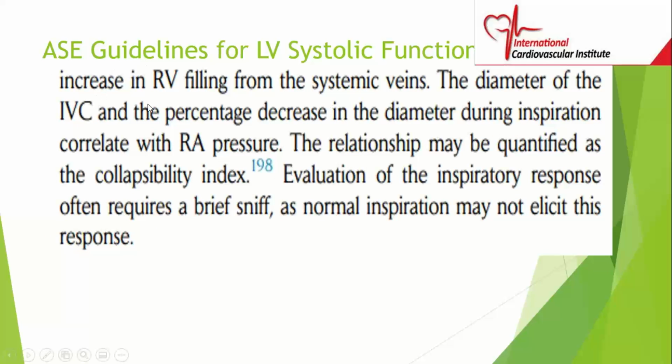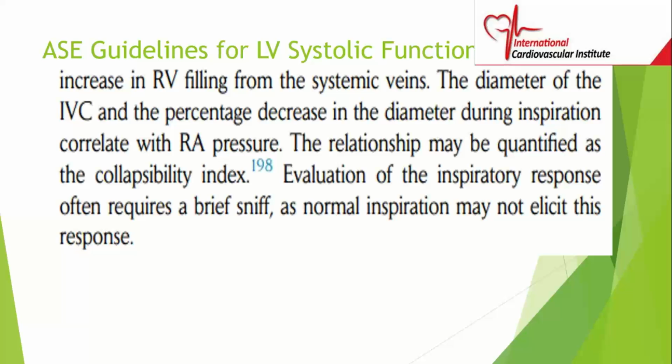The diameter of the IVC and the percentage decrease in the diameter during inspiration, that correlates with the right atrial pressure. So the size of the IVC and how much it collapses with inspiration is a measure of the right atrial pressure. So when we talk about the collapsibility of the IVC, we're talking about what type of pressure is the IVC seen from the right atrium.